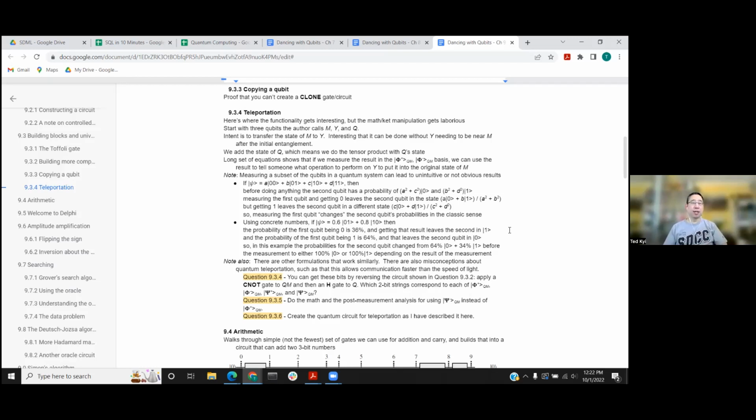By the way, mine's no longer in that state. I've measured Q and M, so it's either a 0 or 1 at this point.